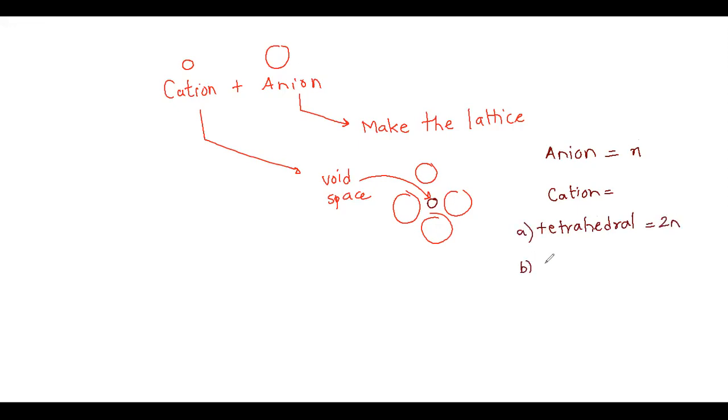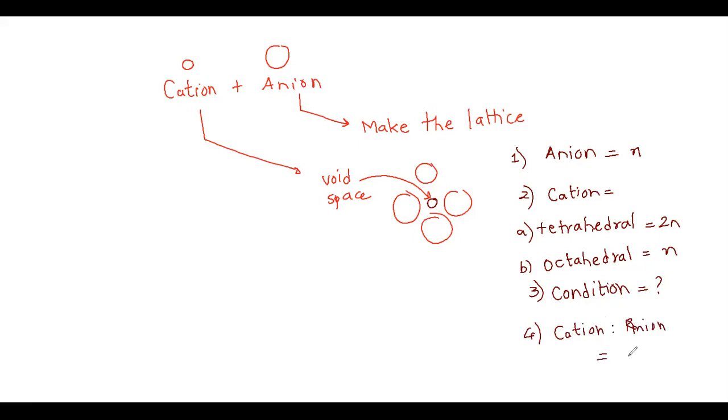If they say octahedral, it's possible sometimes cations are present inside octahedral, then you take it as n. और फिर ये स्टेप नंबर 1, ये स्टेप नंबर 2. स्टेप नंबर 3 में अगर कोई कंडीशन दिया है क्या, देखो जैसे 2/3 ऑफ दैट, 1/3, whatever, if at all. अगर कुछ भी कंडीशन नहीं है तो सीधा कैटायन इज टू एनायन का रेशो निकालो. That ratio is the final answer.